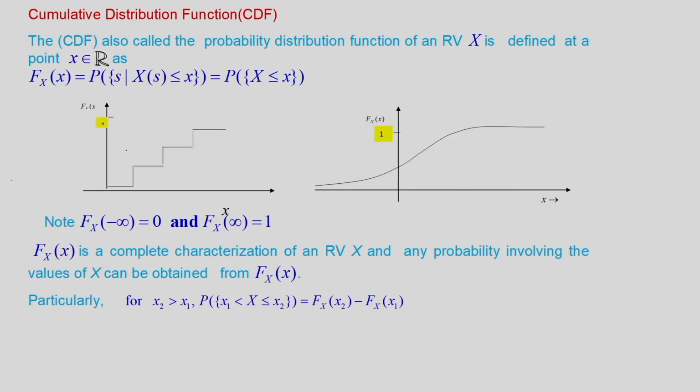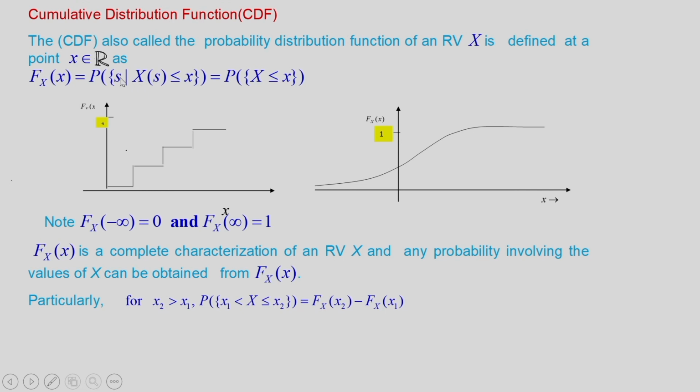Now, how to describe probability in the real line? So, we will define cumulative distribution function, CDF. This CDF, also called the probability distribution function of a random variable X, is defined at a point x belonging to R as capital F_X(x), that is the CDF, is the probability of those sample points s such that X(s) is less than or equal to small x.